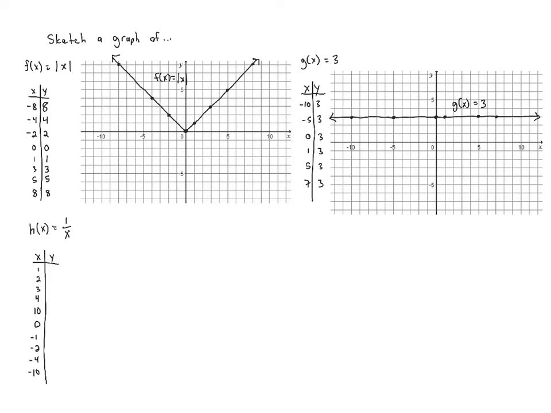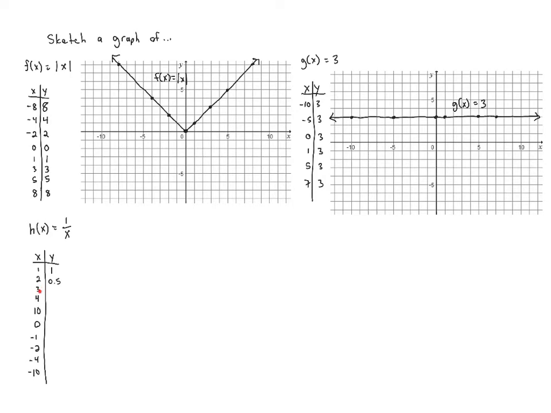But let's start plugging in values here. If x is 1, 1 over 1 is just 1. If x is 2, 1 divided by 2 is 1/2, but I'm going to write that as 0.5. I think decimal approximations might be a little bit easier for us to compare with.